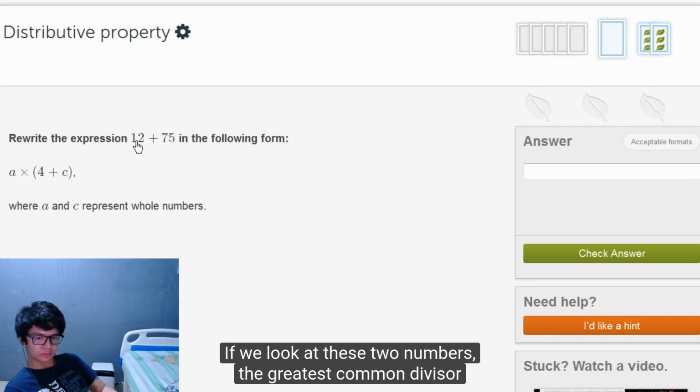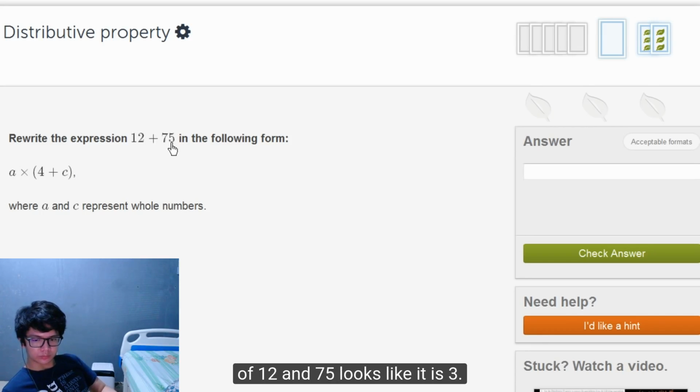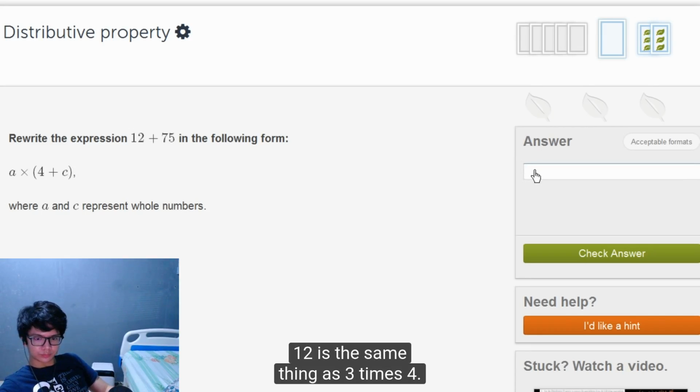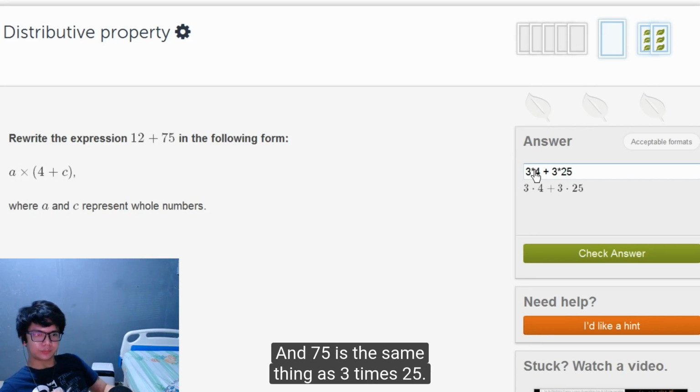If we look at these two numbers, the greatest common divisor of 12 and 75 looks like it is 3. Both of them are divisible by 3. So you can write 12 as 3 times 4, and 75 as 3 times 25.